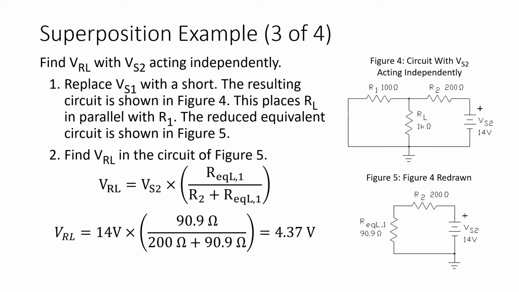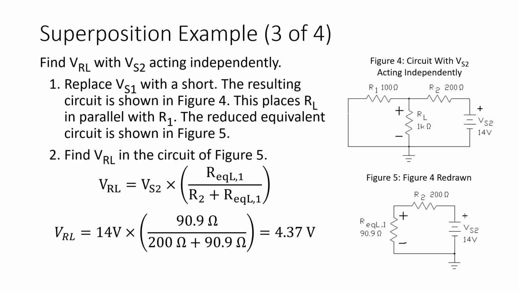Now again, we have to denote the polarity of this voltage drop because we'll have to find the algebraic sum of these voltages. So the voltage dropped across RL in the circuit of figure 4 is positive to negative also.